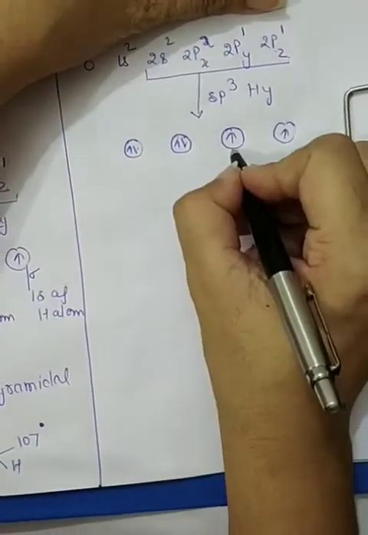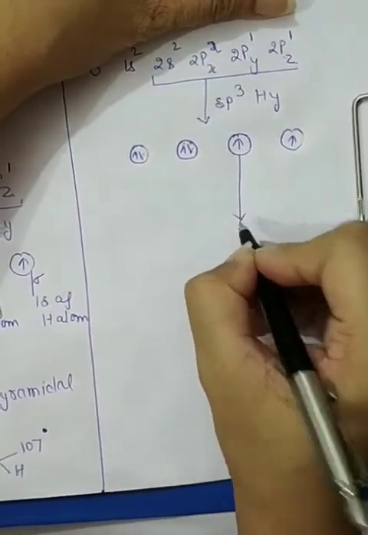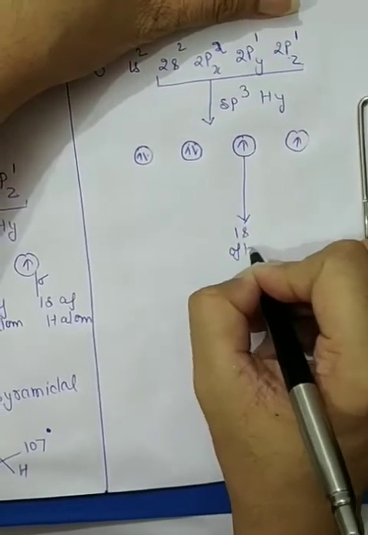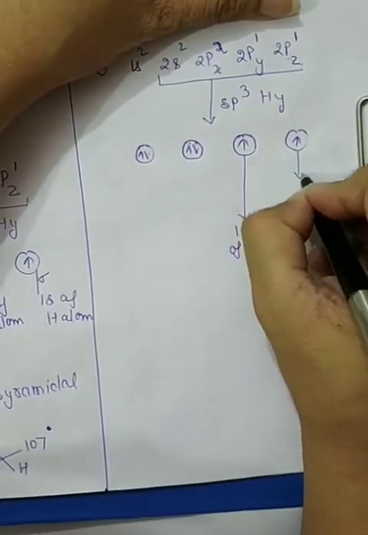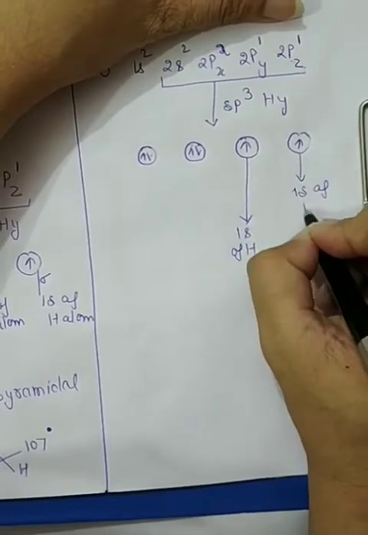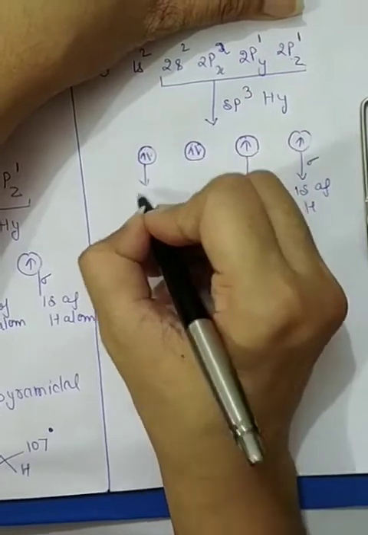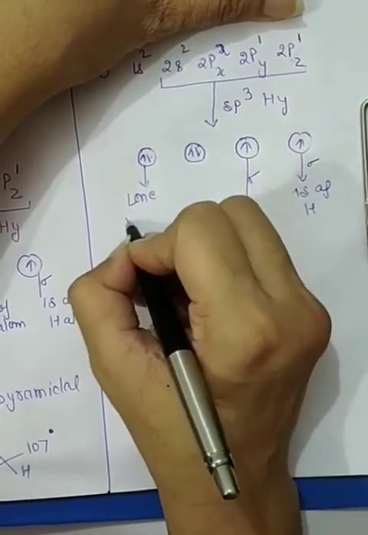Now these half-filled hybrid orbitals overlap with the 1s of hydrogen to form a sigma bond, and the others are present as lone pairs on oxygen.